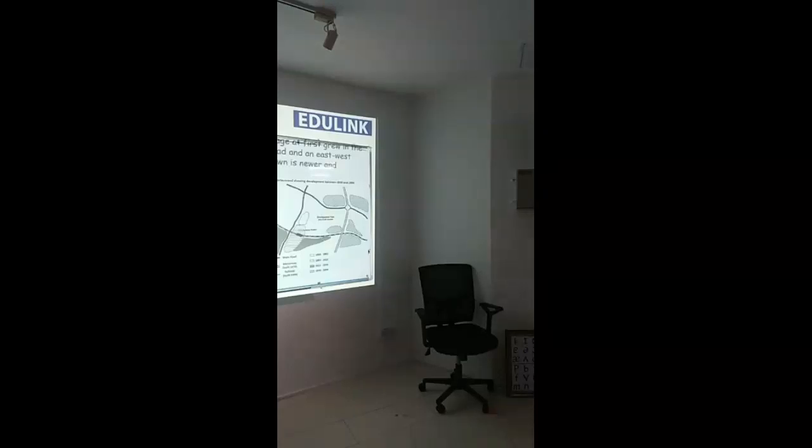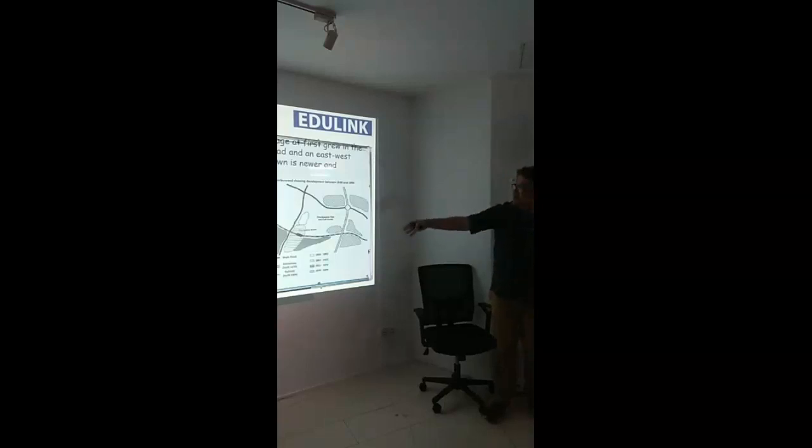Overall, it can be seen that the village at first grew in the west, along the main north-south road and an east-west railway line. The eastern part of town is newer, and developed along the motorway. Great. That's going to get you a 7 right there.